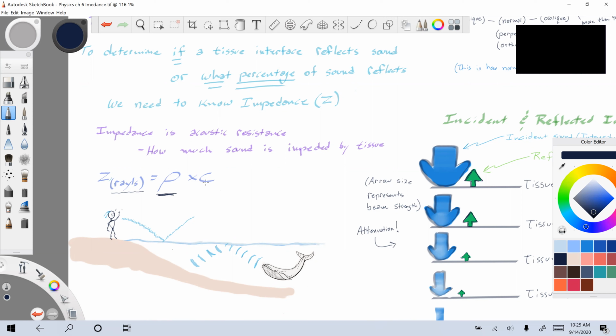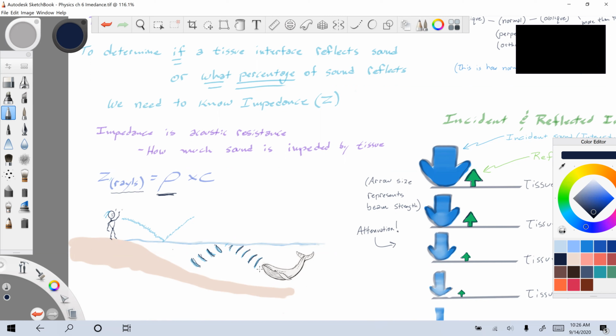And so down here we have the loudest animal on the planet, a blue whale, not far from the shore, and he's yelling his head off. I'm thinking of Dory from Finding Nemo.